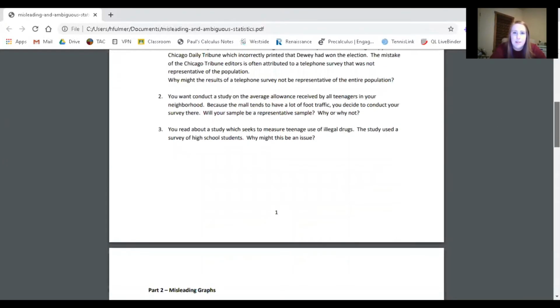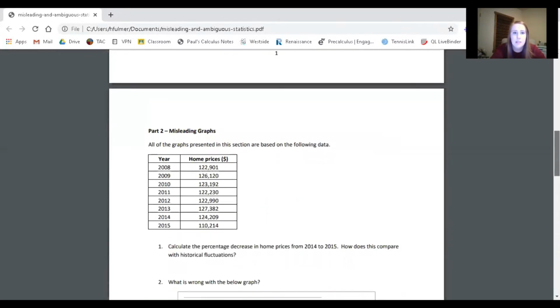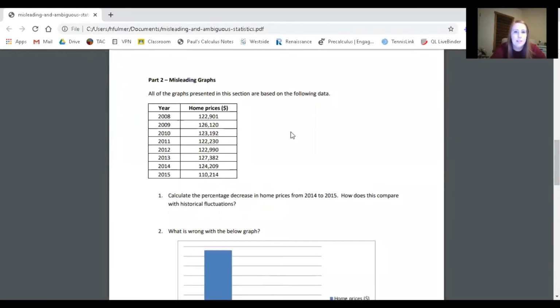Okay, number three is similar, just answering a question about a survey that's taking place. And then the second part is looking at graphs of data, which right now, if you're paying attention to the governor's press conferences or any of that stuff that's on the news, you're seeing lots of data, or you're at least hearing about it.